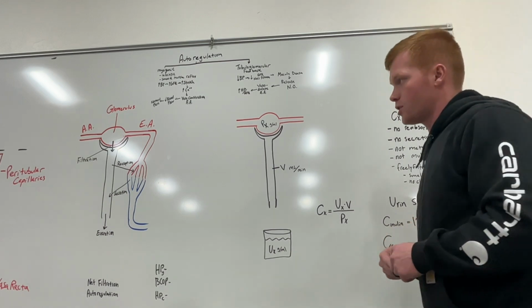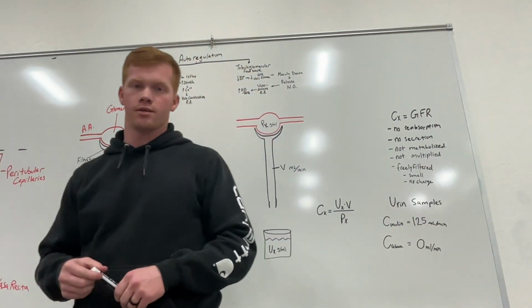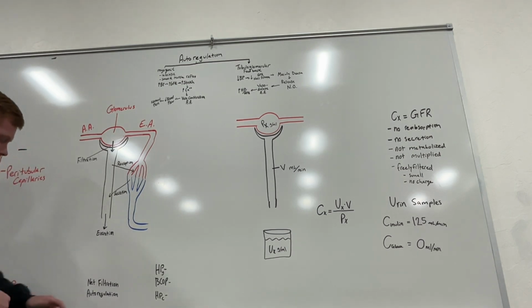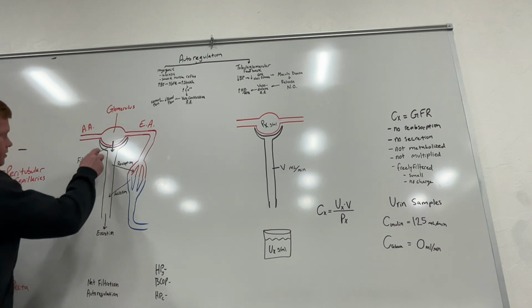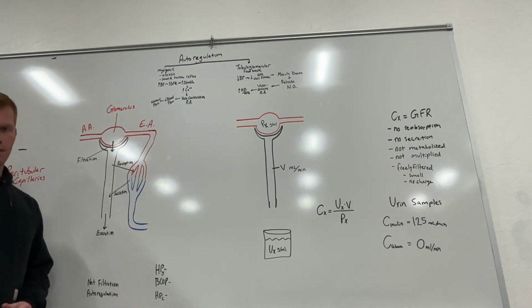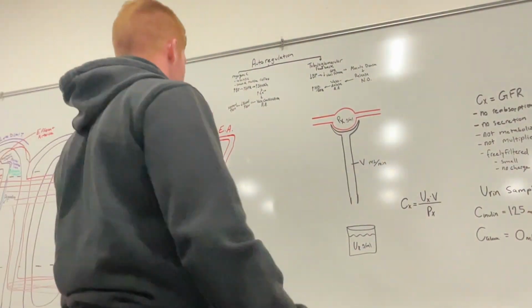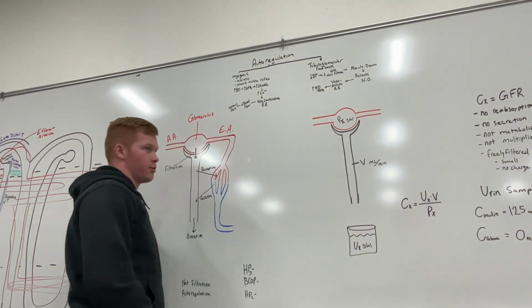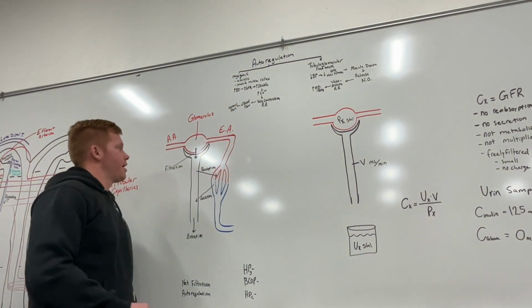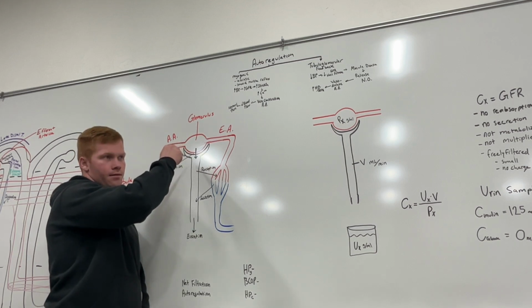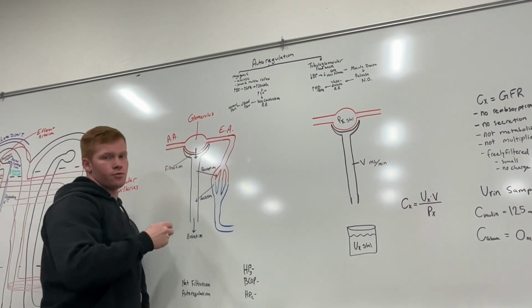Yeah, let's talk about filtration first, kind of the components that go into that. So for filtration, like we talked about, we have the glomerulus, or the glomerular capillary, and that's how we're getting fluid to come into Bowman's capsule.